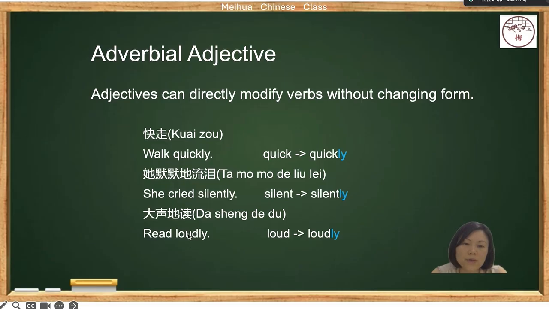It should be an adverb, right? But how do we know the adverb form for a adjective? We have some grammar rules, right? The most common one is to add the suffix ly at the end of the adjective. Loud becomes loudly, then it can modify any verb in a sentence.